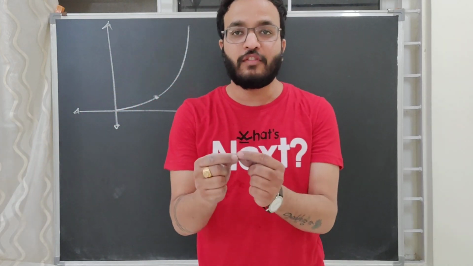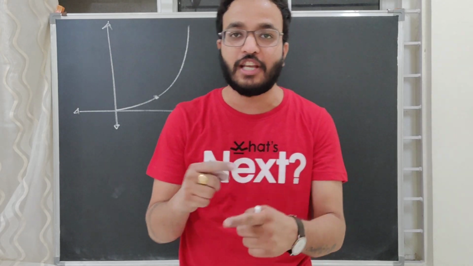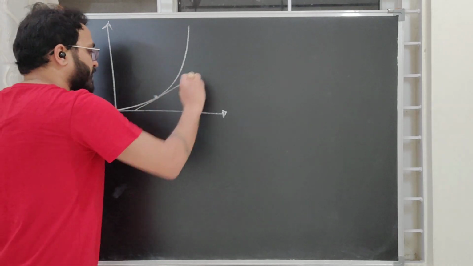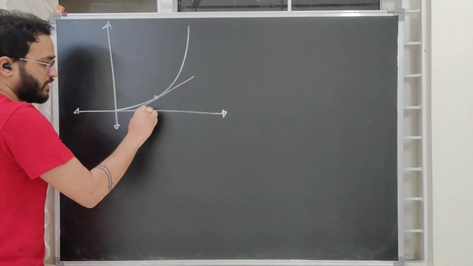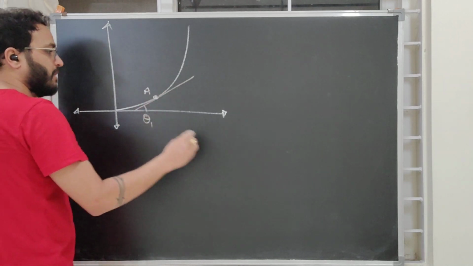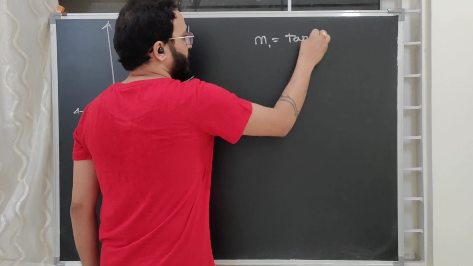So the angle of the curve with the x-axis or the horizontal axis is constantly changing. I will tell you how. What is the slope here? You will say, sir, draw a tangent here. And this is the angle theta 1. So what is the slope at point A? You will say, sir, slope at point A will be tan theta 1.